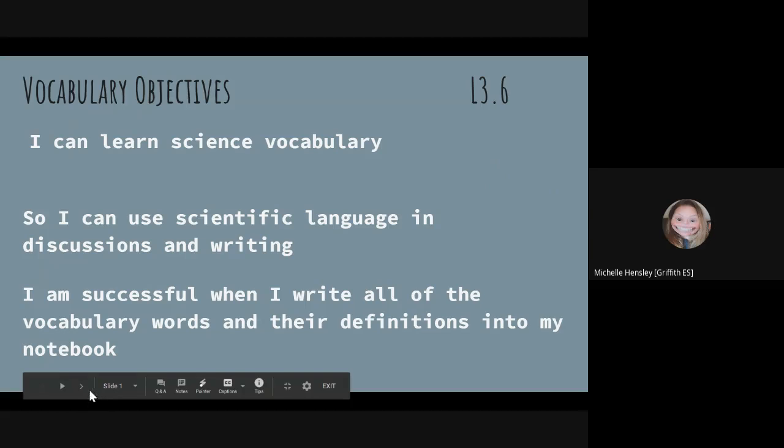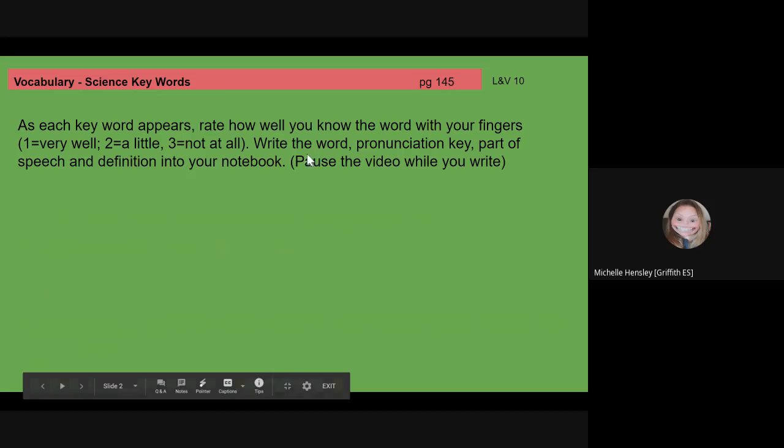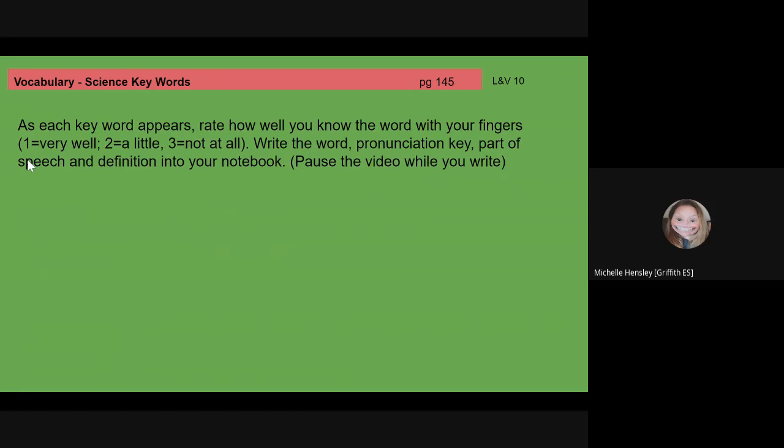All right, if you got your notebook or a piece of paper, whatever you're writing in and with, we're going to start our science vocabulary. As always, when each word appears, you're going to rate how well you know the word. Give yourself a 1 if you know the word very well, if you can define it without me pressing the definition in. 2, you know it a little, you've heard or seen the word before.